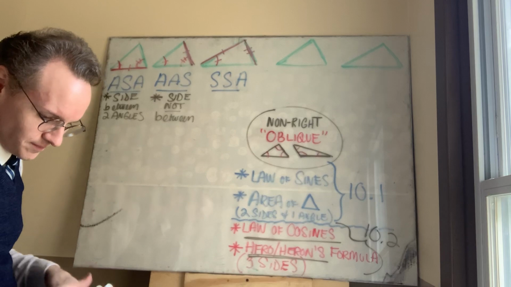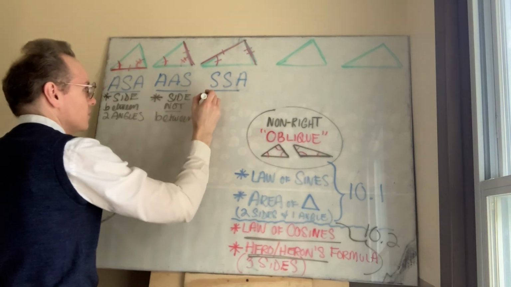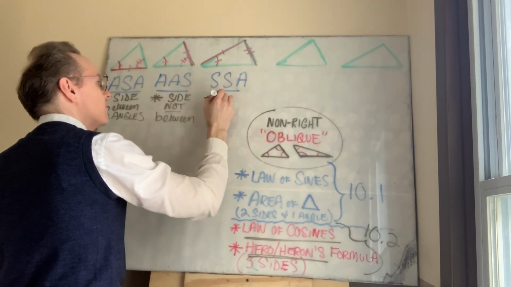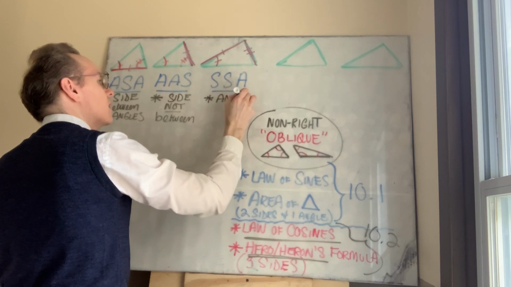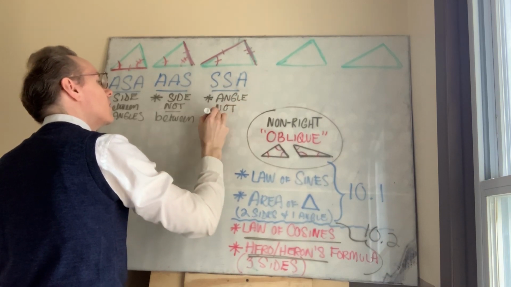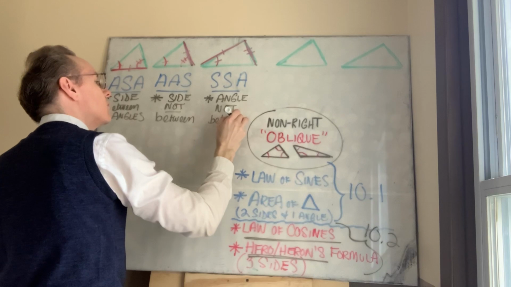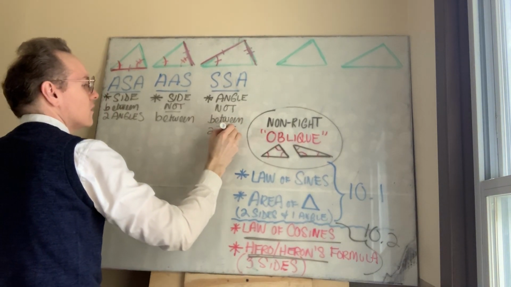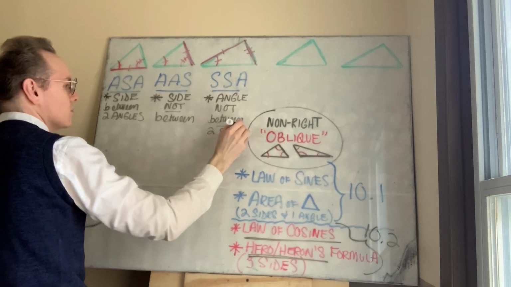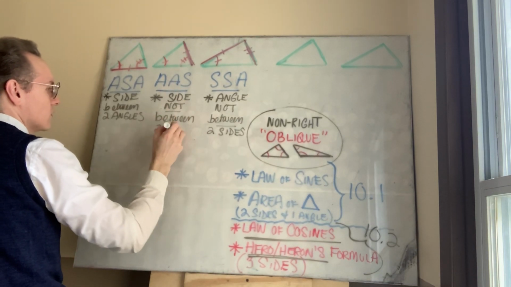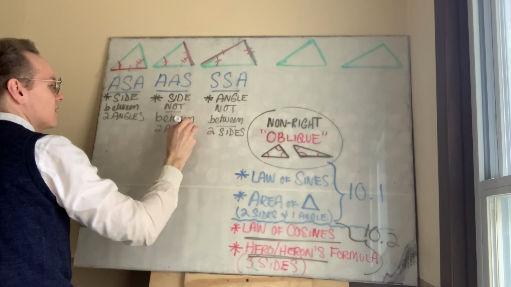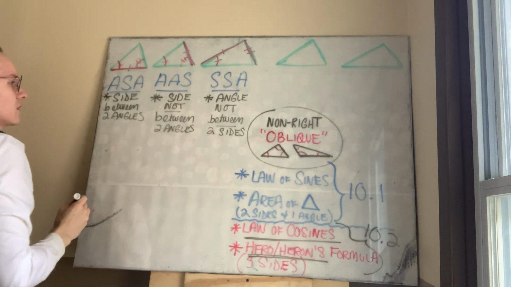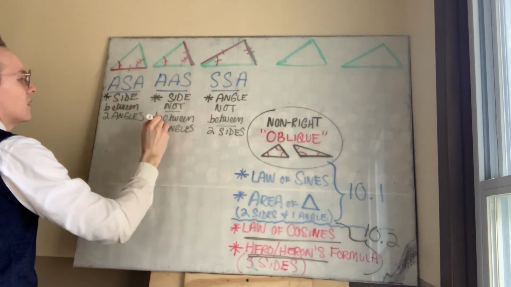In this case, you would say that it is an angle, not between two sides, as opposed to a side not between two angles. Just to complete that thought. Okay.